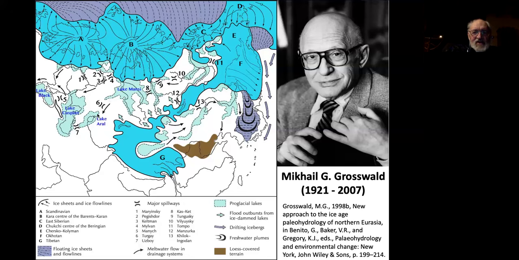And these glacial lakes had spillways that connected them to what used to be an inland sea called the Aral Sea that has been somewhat destroyed by the overuse of the rivers that fed it.